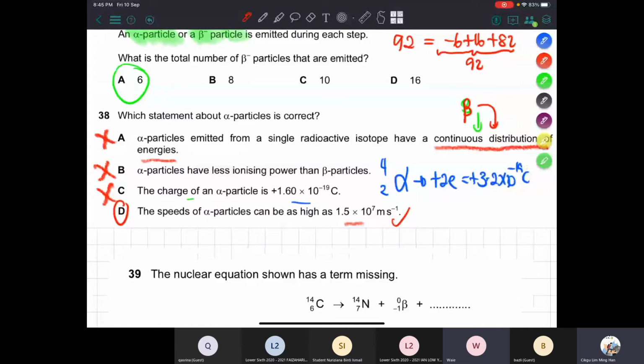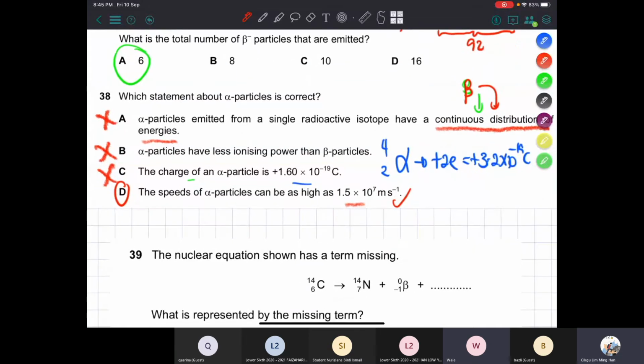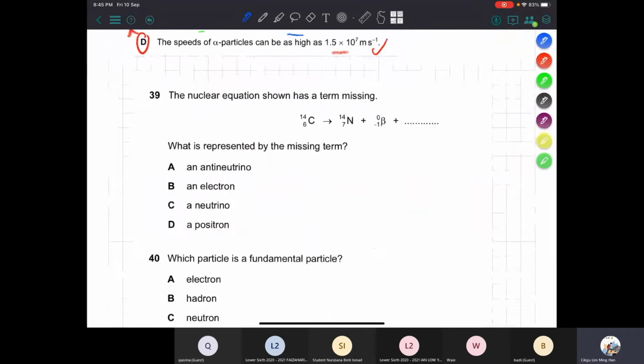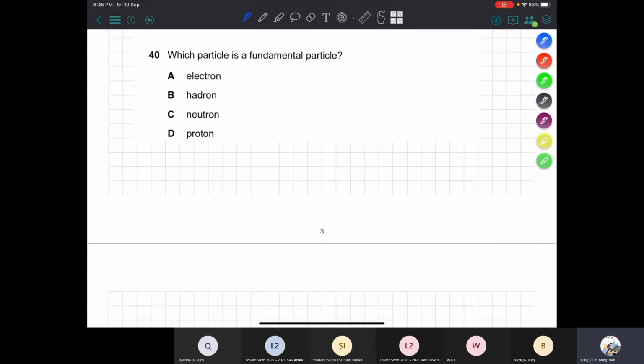What about the energy, sir? Alpha should have discrete energy. Meaning if you have, let me draw here, for example this is your alpha source. They are all the same. For example 1 millijoule, this one also 1 millijoule, this one also 1 millijoule.